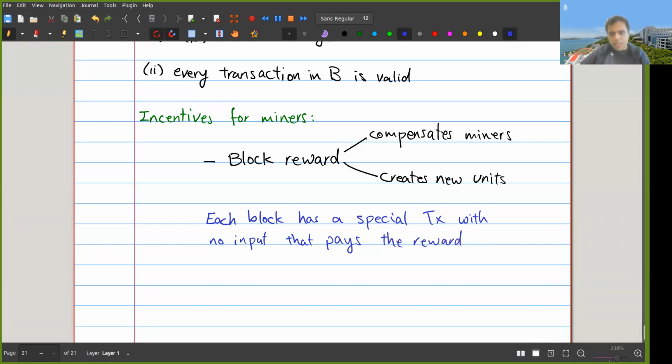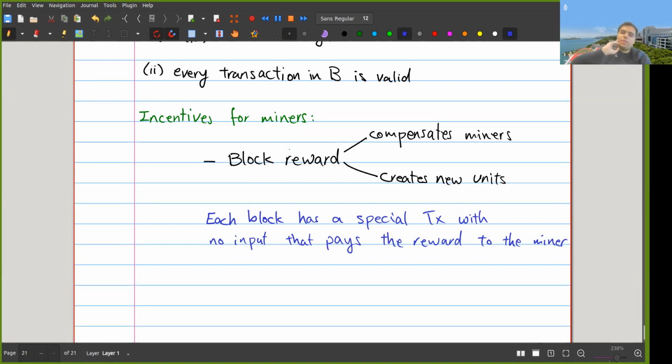And of course, paying the reward means that it sends the reward to the public key of the miner. Okay? And everyone on the network will accept that every block has one such transaction. So this is how we can do both things at the same time.